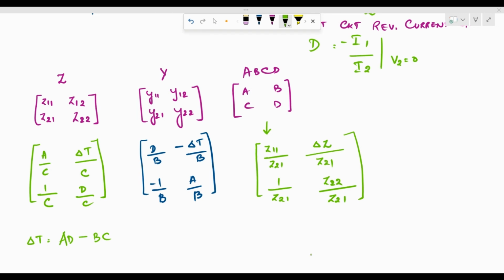Here, delta Z will be given as Z11 Z22 minus Z12 into Z21.